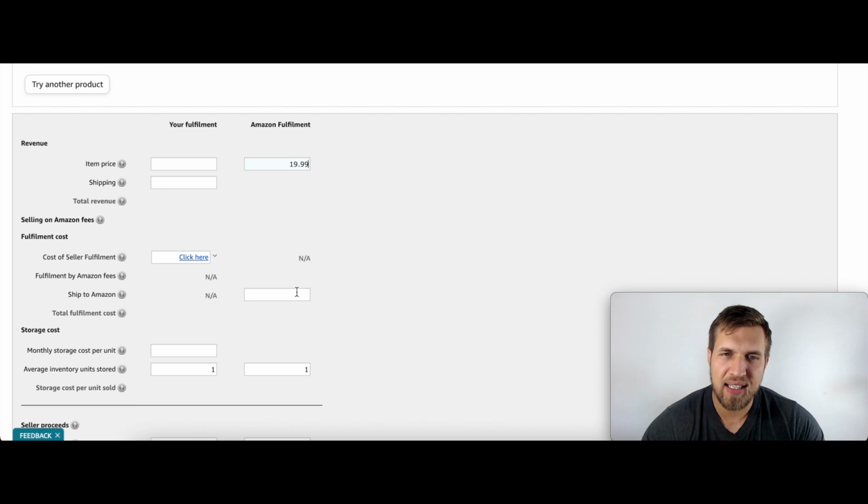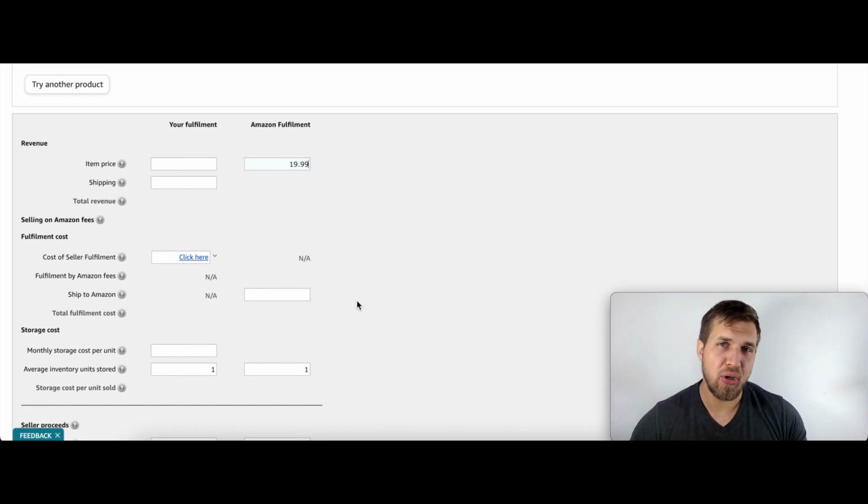Okay, the next thing here is shipping to Amazon. Now, what's important here to distinguish is shipping to Amazon means shipping from your storage here in the UK or your house or whatever into Amazon. Okay, so in most cases this will be done by UPS, and what you need to find out is how much that shipping is going to cost per product. Okay, you can't put in the total product cost here.